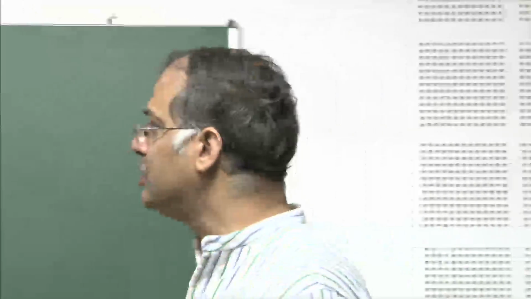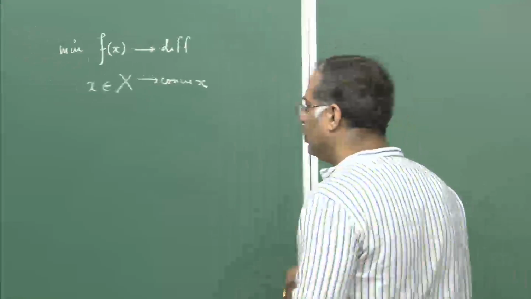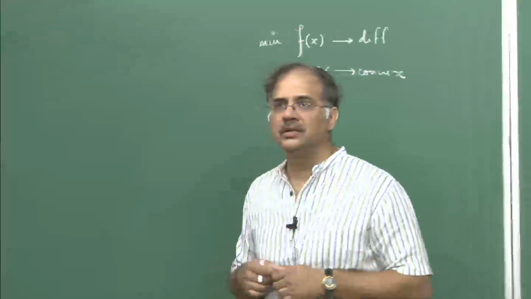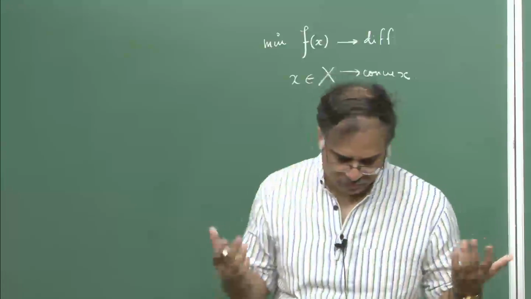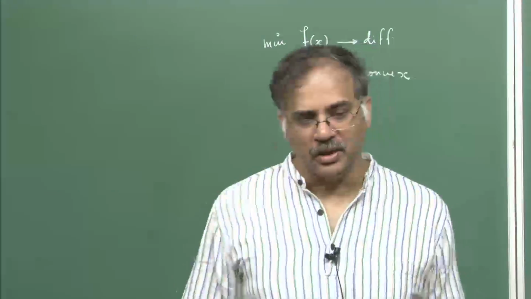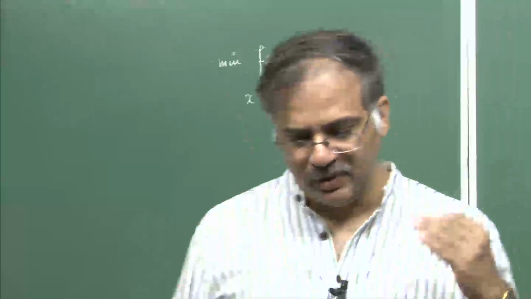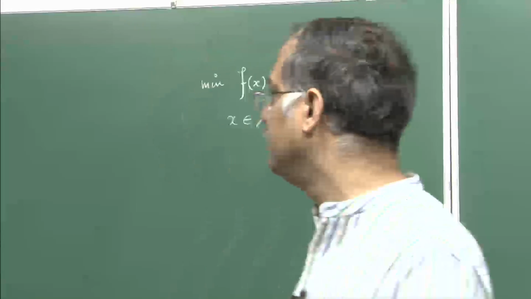The issue is to observe that in unconstrained optimization we were actually not seeking a minimum, we were seeking something called a critical point, but while seeking the critical point at every step we were trying to decrease the value of the function.